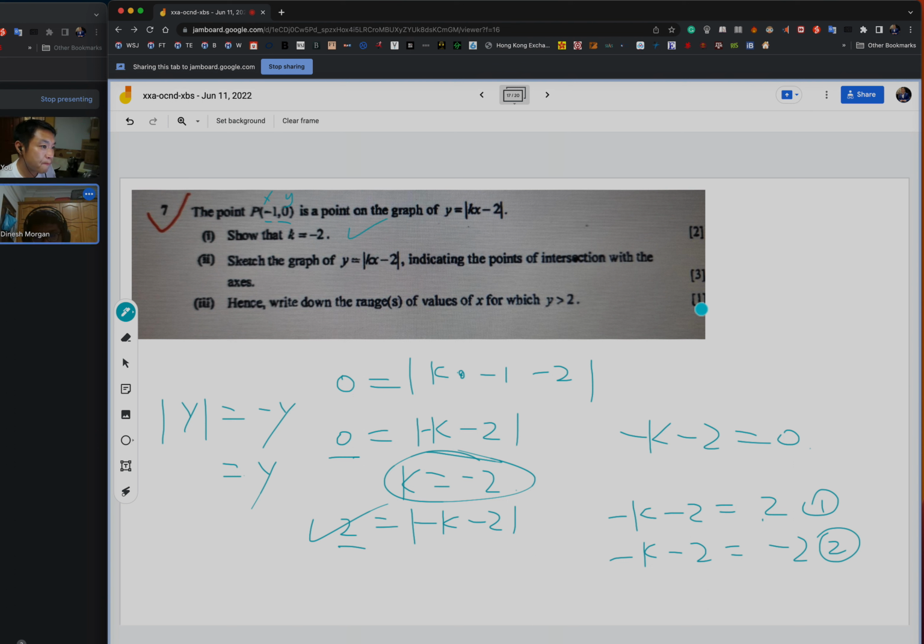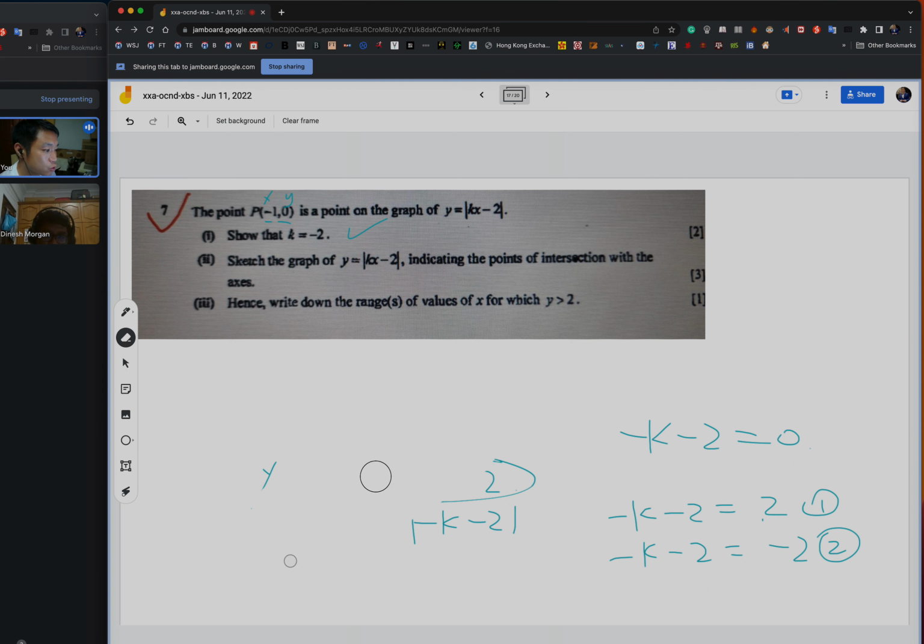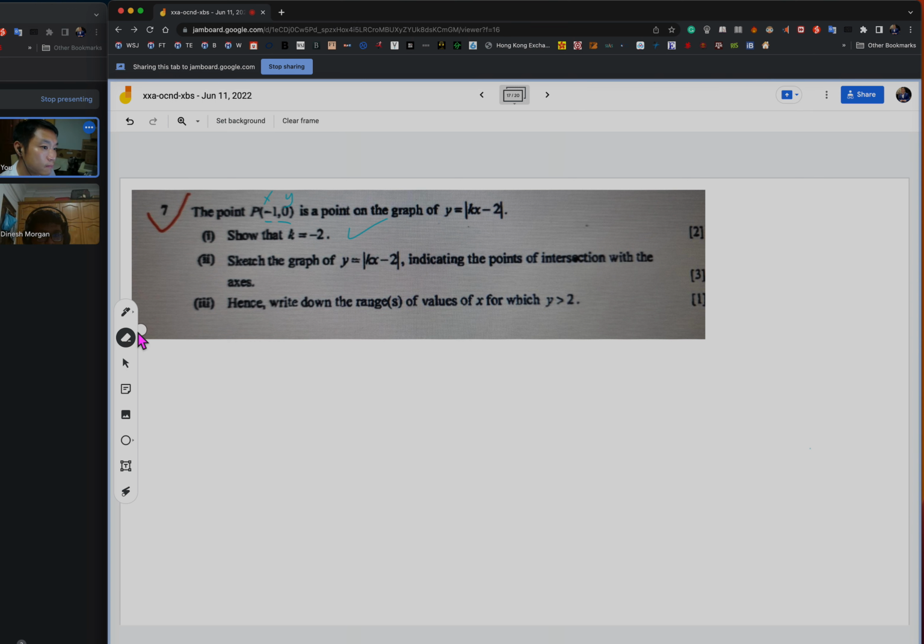Okay? Then sketch the graph. Okay, good. So just sketch the graph. And like I say, sketching a graph using your calculator is super easy, right? Yeah, just key it into your calculator and then you get the graph out. In fact, I also have my so-called graphical calculator.